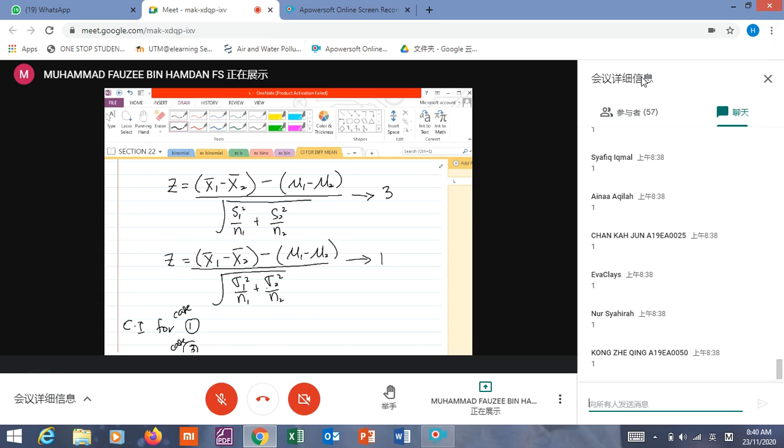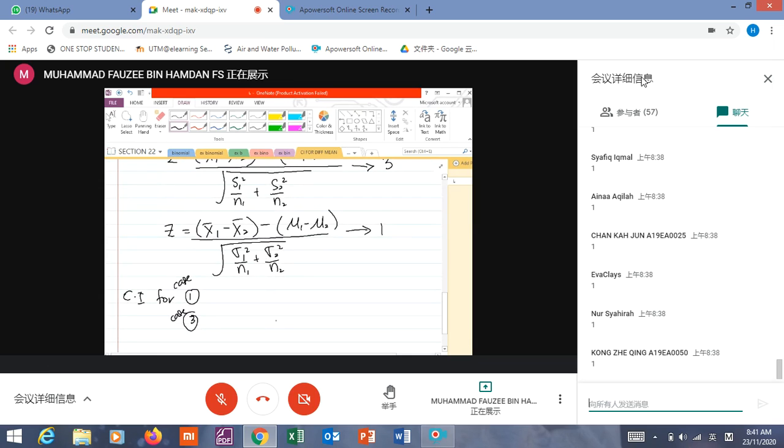Okay, finish. Anyone have a problem to construct the confidence interval for case number 1 and case number 3? Okay, so by using BAD, this is x bar 1 minus x bar 2 plus or minus Z alpha over 2 times the square root of sigma 1 squared over n1 plus sigma 2 squared over n2.